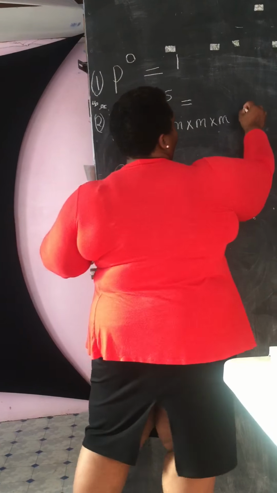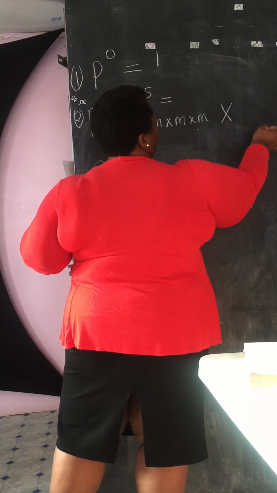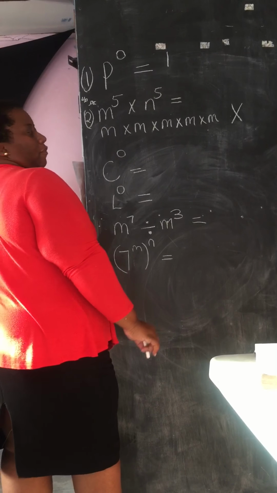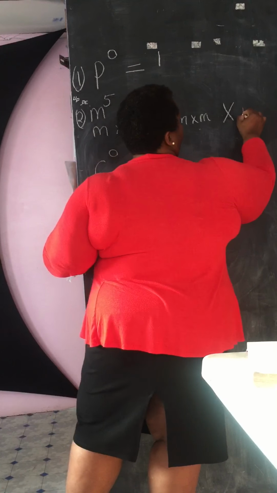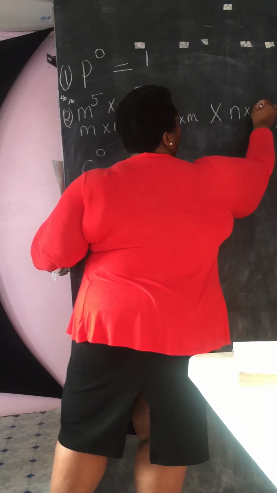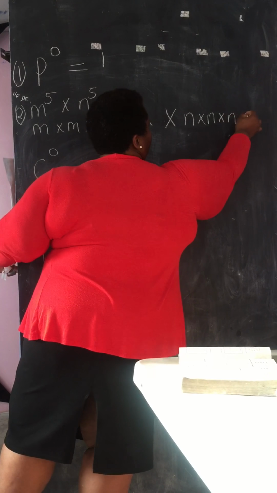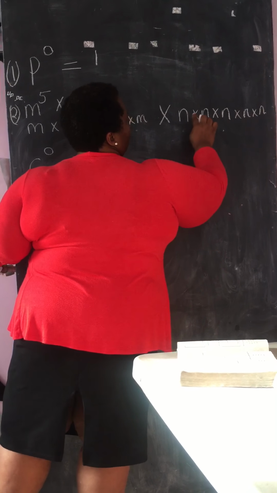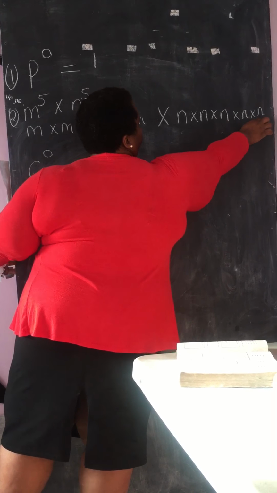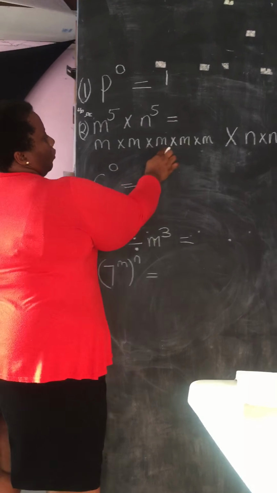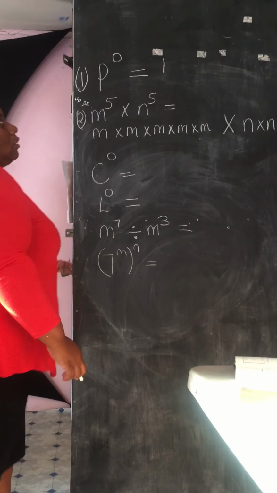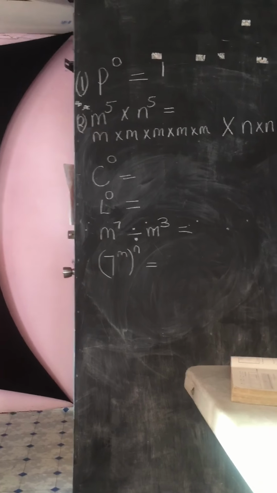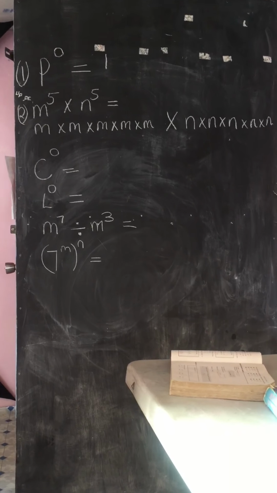Then we have the multiplication sign between here, and it's n to the 5th power. So we're going to have n by n by n by n by n. 1, 2, 3, 4, 5. 1, 2, 3, 4, 5. Okay, and that's your question. That's the answer to that question.